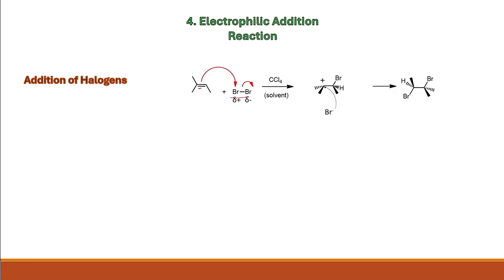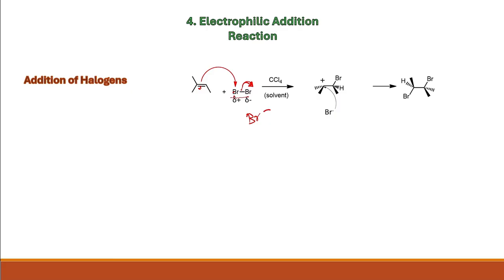So the double bond will attack one of the bromines, and then the bond between the two bromines will break to give you the bromide ion, and then the first bromine will be added to the double bond.